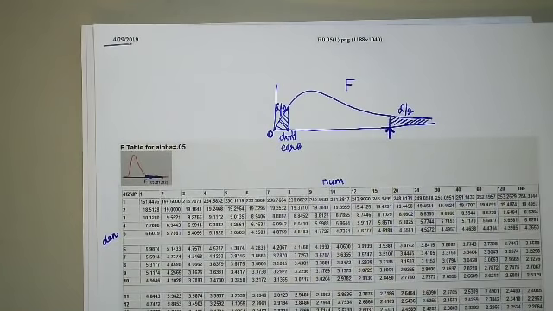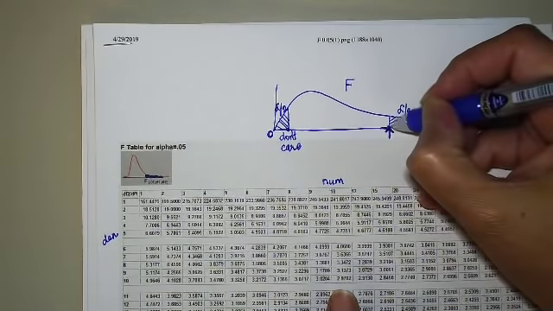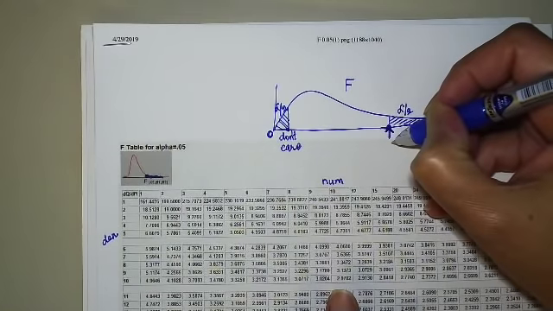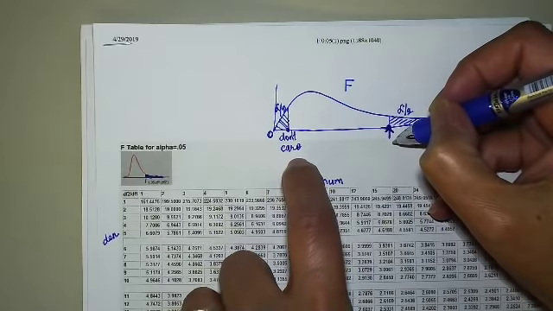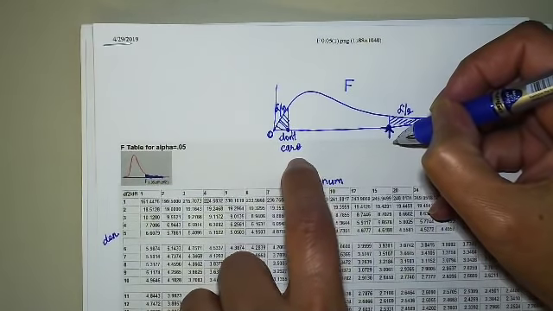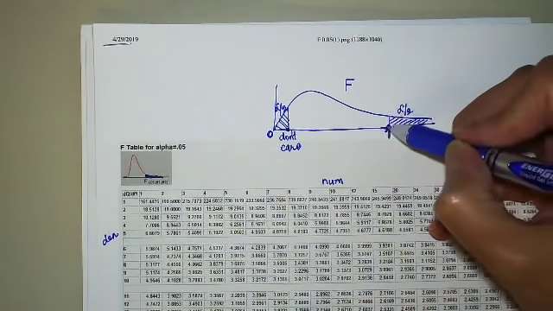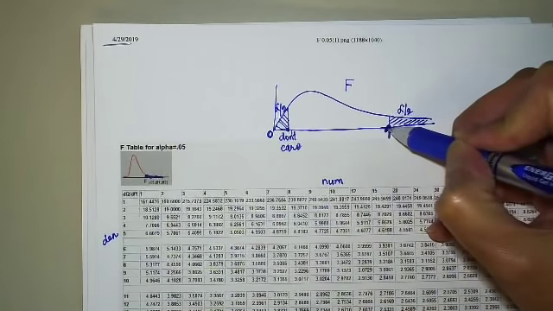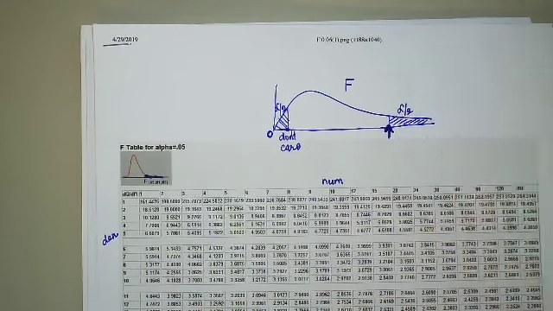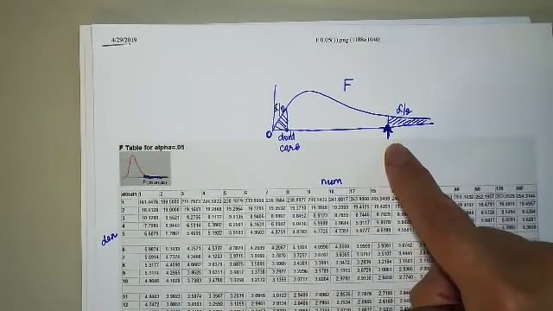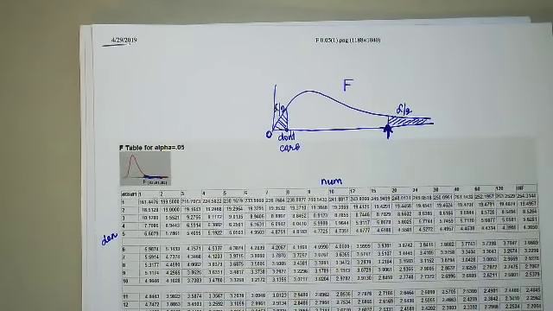But the point I'm trying to make is that I care about the critical value on the right side, and I don't care about the critical value on the left side. Because for the F distribution, I'm going to care to see if this one has been exceeded by the F test statistic. I'll get there. I'm just saying that we only care about the right one for F. So let's make a note of that.